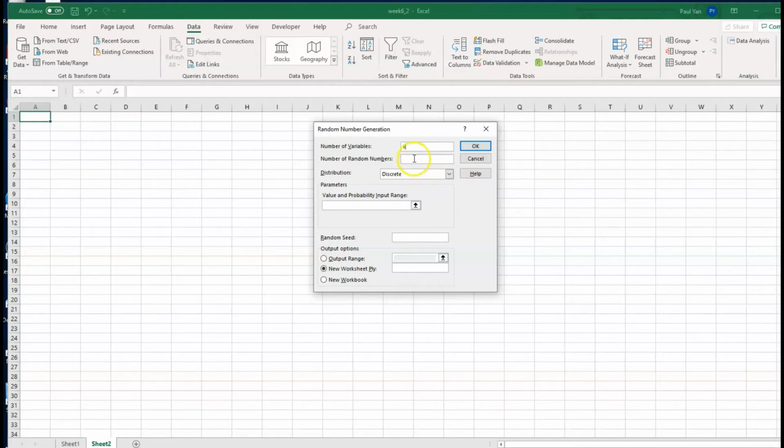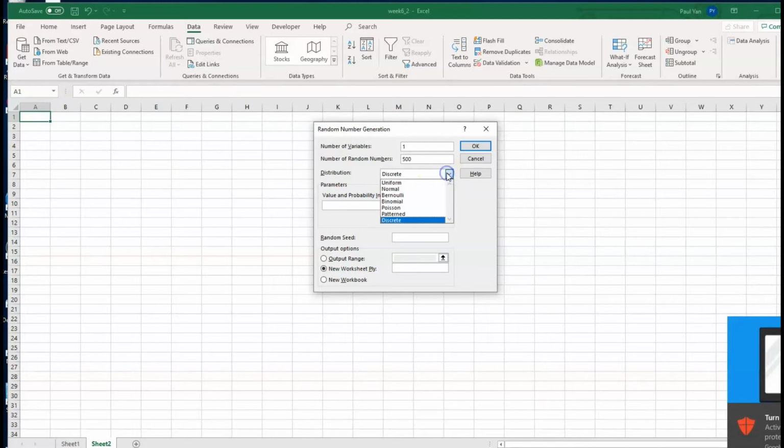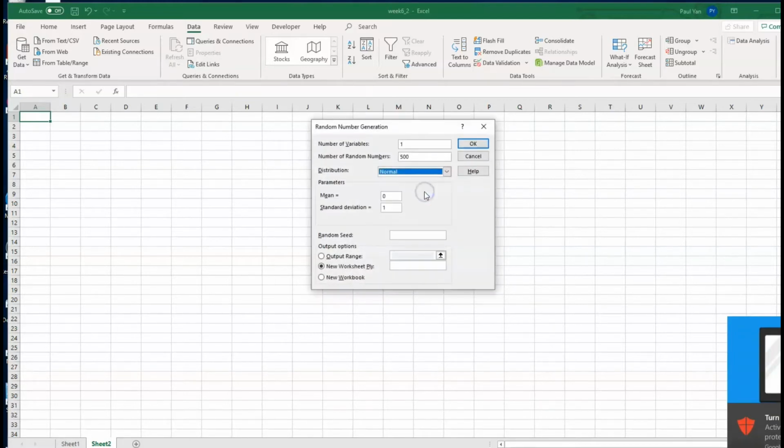Because we are interested in one column, this is 1 and 500. The distribution is normal, the mean is 3, and the standard deviation is 0.5.